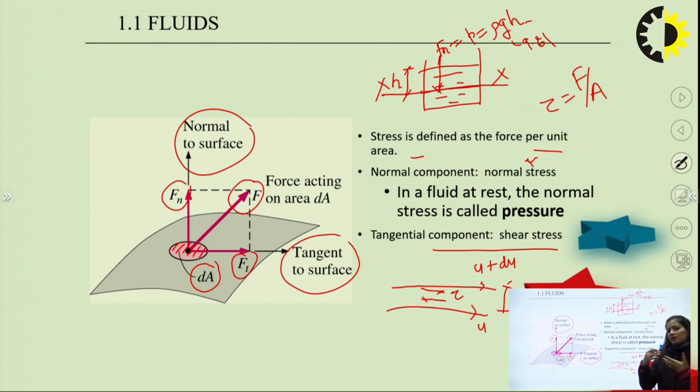That shear stress will try to induce a friction that will resist the flow, that will resist the velocity of flow. So this is how we talk about shear stress, and this is how the concept of viscosity is introduced in the case of fluids.